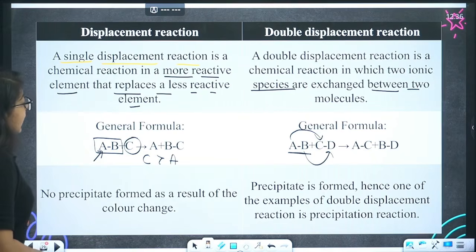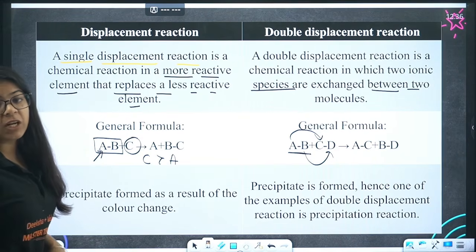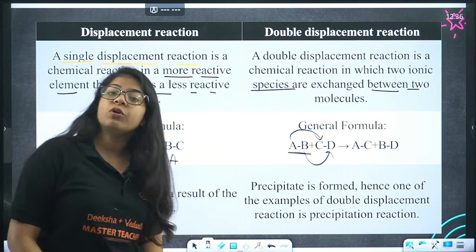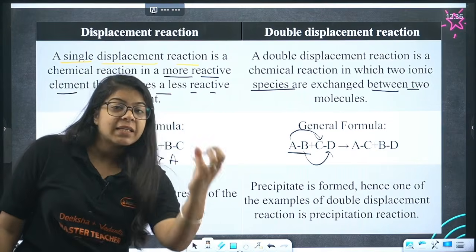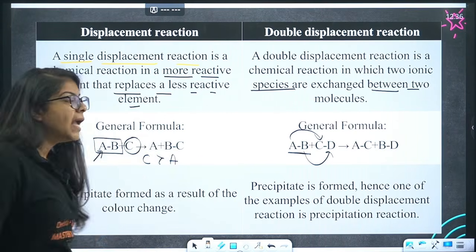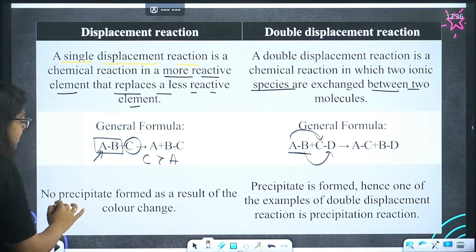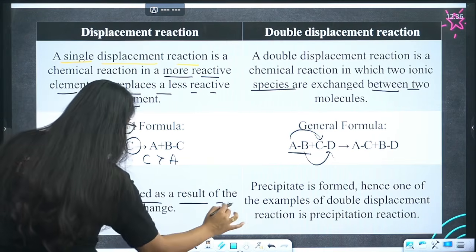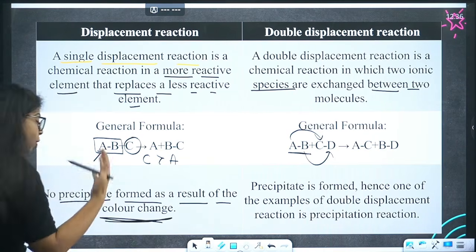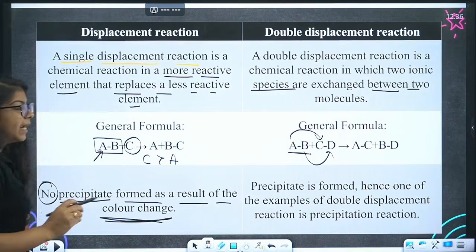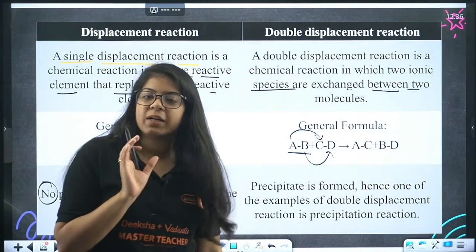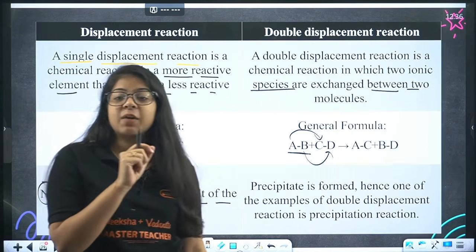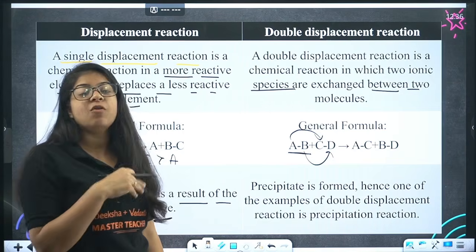Now beta, we studied about precipitate. I talked to you about chalk, right? So something that sits down at the bottom. No precipitate is formed in displacement reaction, but in double displacement reaction precipitate is formed.